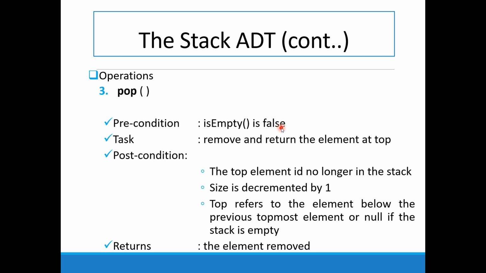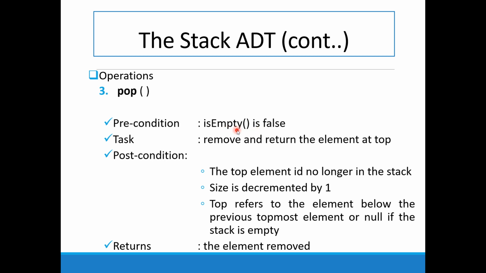Okay, whenever we want to pop or remove an element, we need to check first whether the stack is empty or not. If it is empty, it will skip the process. We need to make sure the is empty method is false, maksudnya not empty, untuk kita remove.